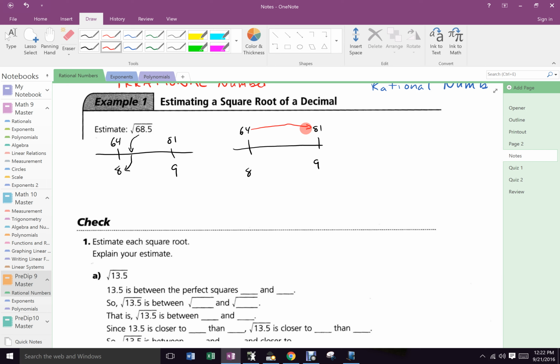Agreed? Okay. So from 64 to 81, the square root of 64 to the square root of 81 has 17 steps. Does everybody understand? Yes. Now, we are going to 68.5, yeah?